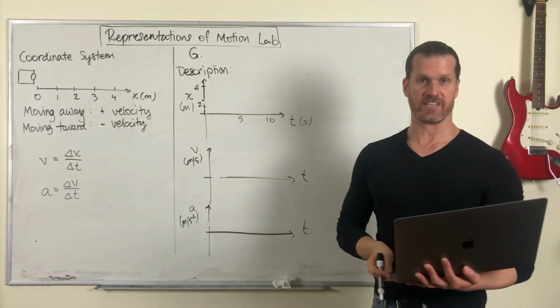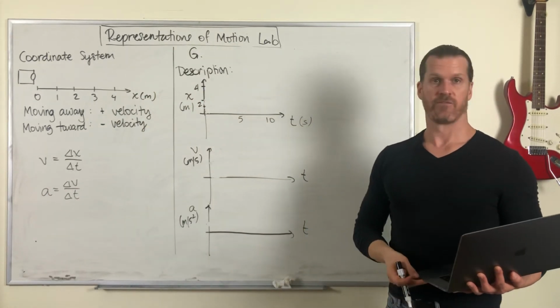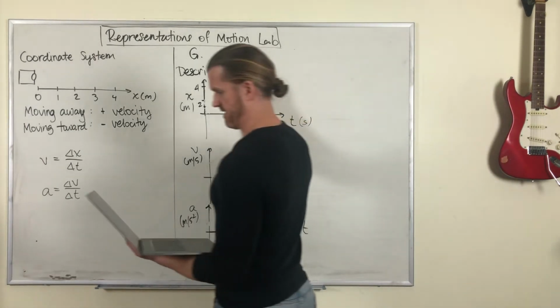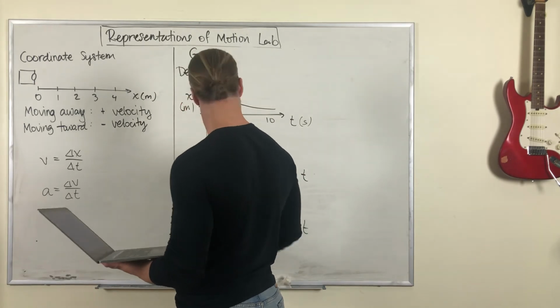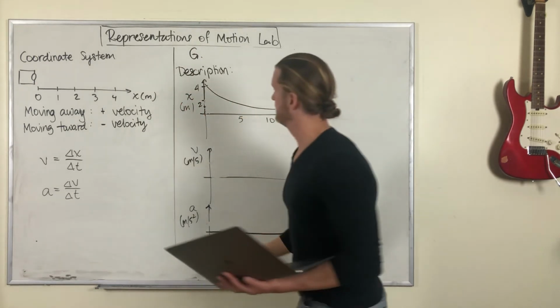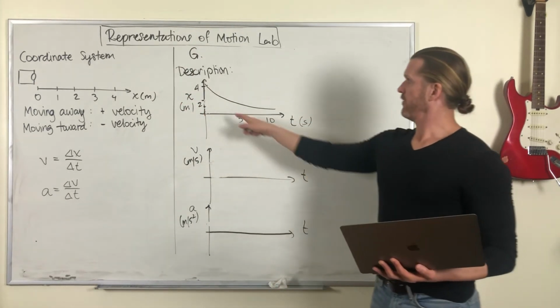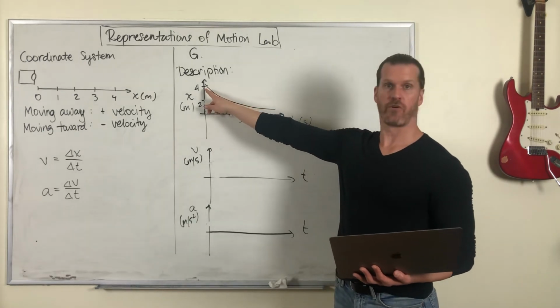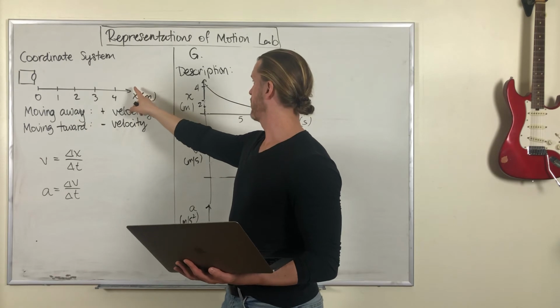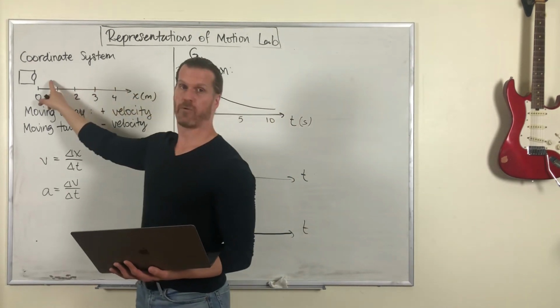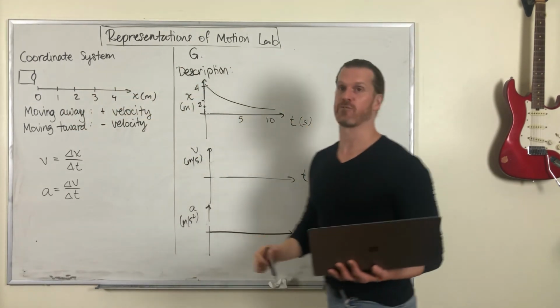All right, part G, they give you the position versus time graph, and it looks like this. So you can see that you start far away, and as time goes on, you get closer. The position decreases.